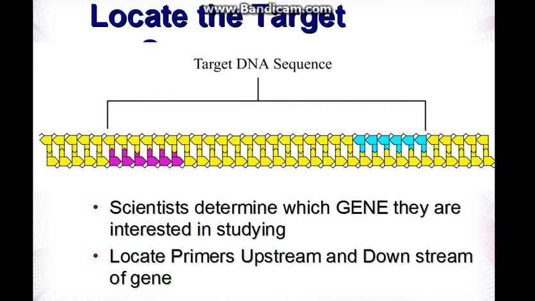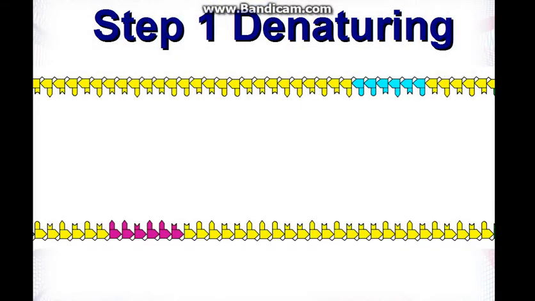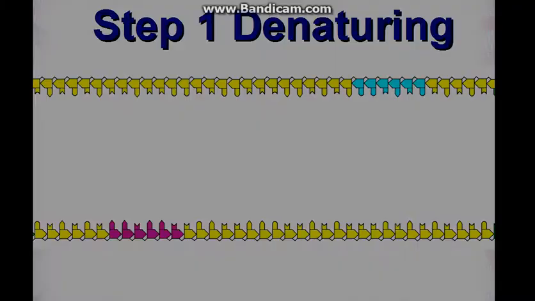If we have determined which DNA sequence we want to study, after that step 1 comes, which is denaturing. The denaturation is with the help of heat. In this the strands are separated and single stranded DNA is formed.